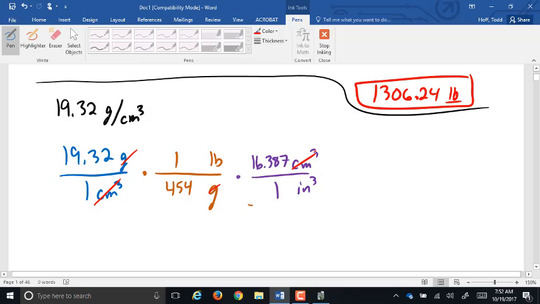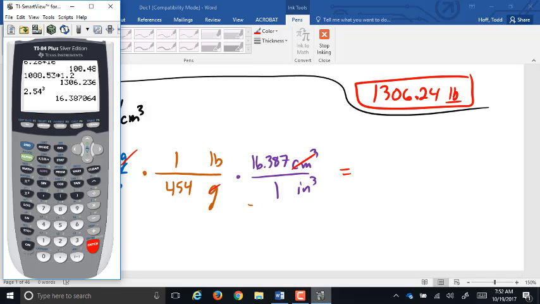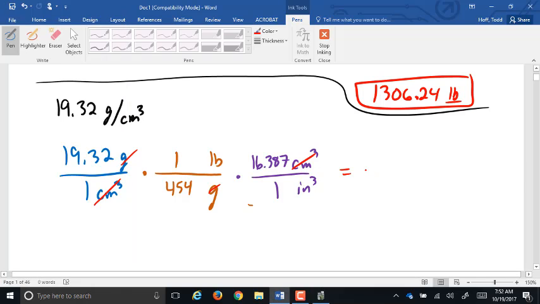So now what I have on top here is 19.32 times 16.387, which is 316.597.